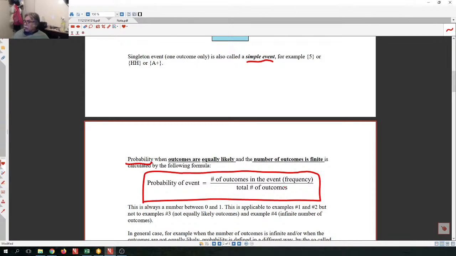So that obviously is going to be a number that is less than 1, or maybe 1, but no more than 1, because the number of outcomes in the event will never be bigger than the total number of outcomes. It's also not less than 0. It cannot be a negative number, because you cannot have a negative number of outcomes in an event, and the total number of outcomes is not negative either.